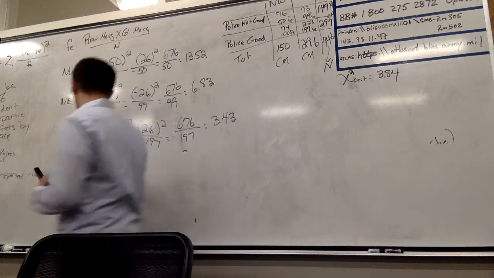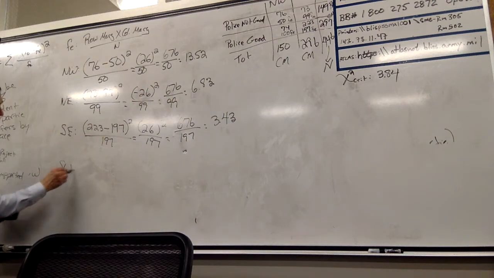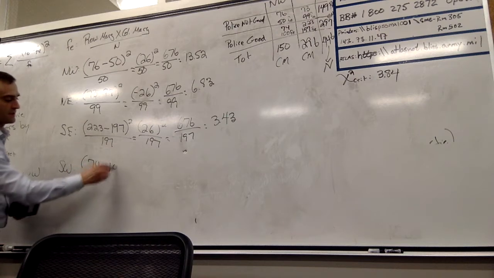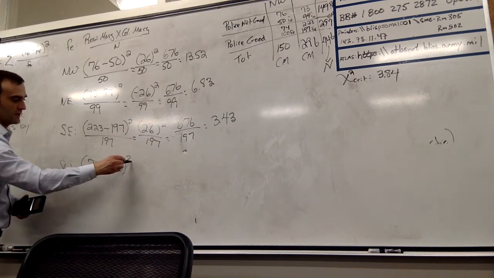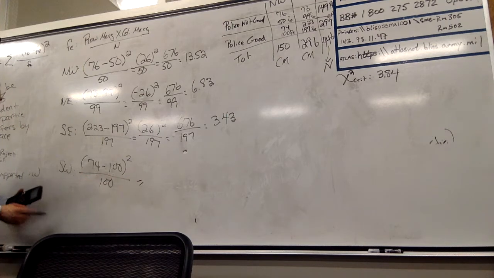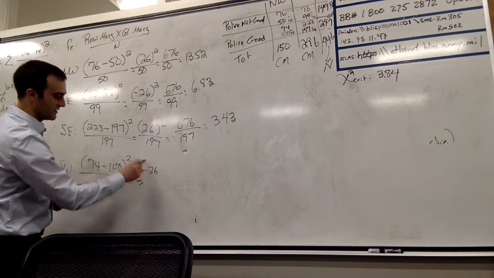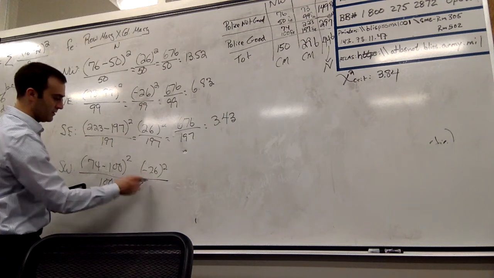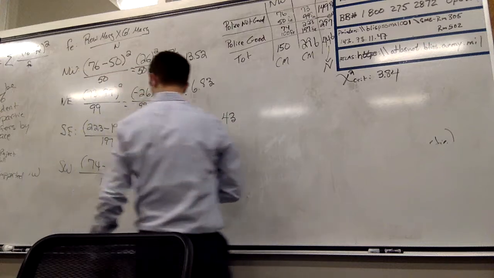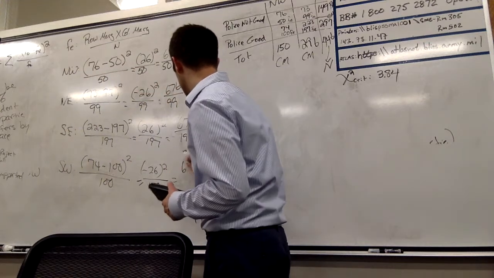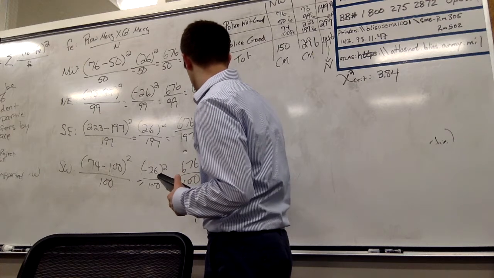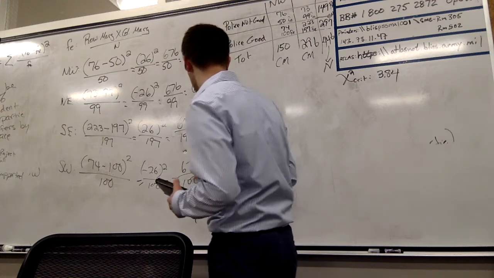And then the southwest, observed 74 minus the expected of 100 squared over the expected of 100 is a negative 26 squared over 100, which is 676 over 100, which is 6.76.